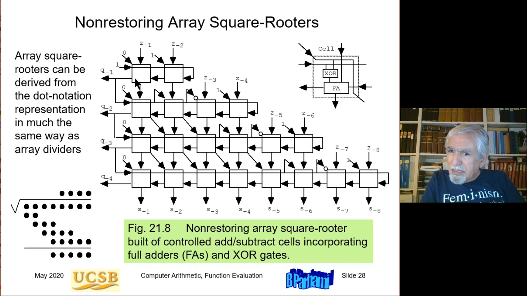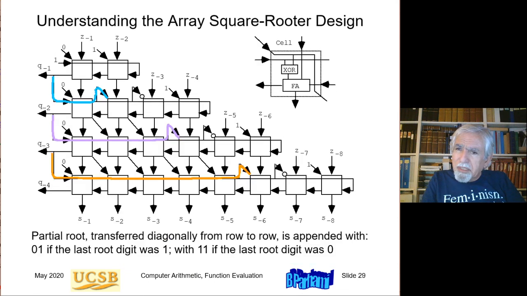And that signal comes from the root digit. If root digit is 1, meaning the partial remainder did not go negative, therefore we do subtraction in the next step as well. If root digit is 0, it means the partial remainder went negative, so we do addition in the next step. Okay, so this is enough for us to know about array square rooters.